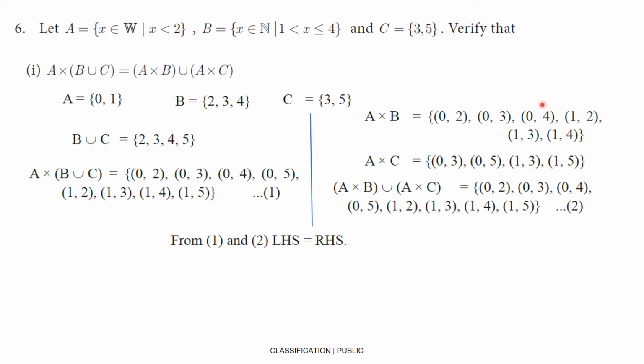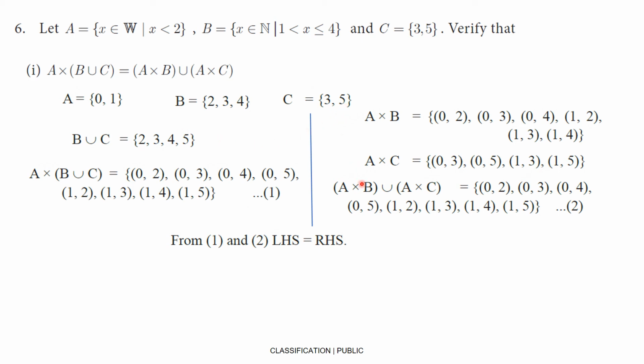Next, A cross B, you do it. A cross B: (0,2), (0,3), (0,4). Okay, next (1,2), (1,3), (1,4). Next A cross C: (0,3), (0,5) and (1,3), (1,5).